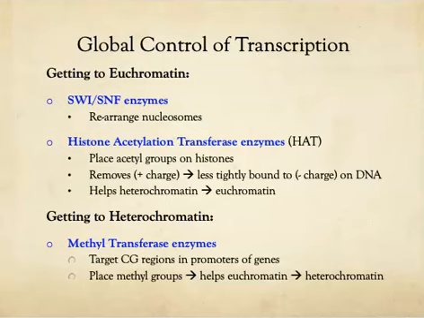By targeting the CG-rich regions of the DNA, these enzymes are targeting where DNA is a little tightly held together. These enzymes place the methyl groups onto the molecule, and the addition of the methyl groups makes it even more tightly held together as a molecule. Again, this is going to take chromatin from the euchromatin form and make it heterochromatin.